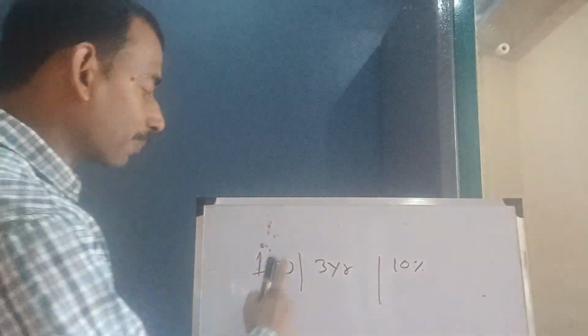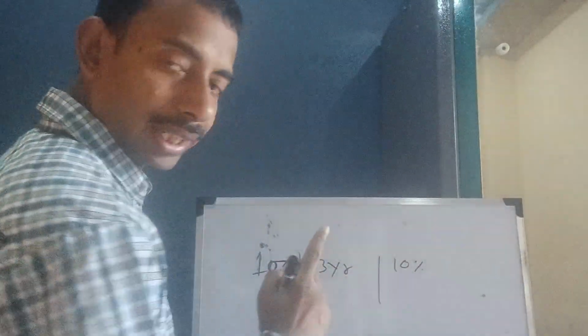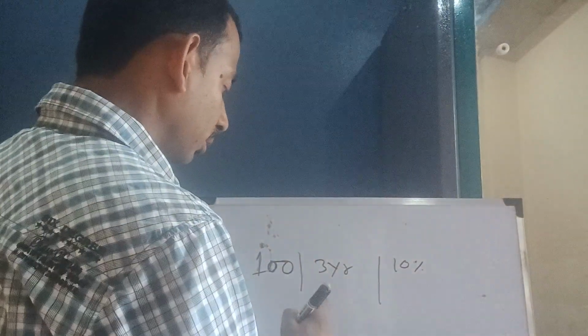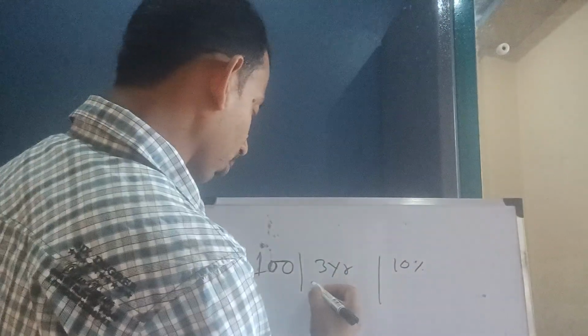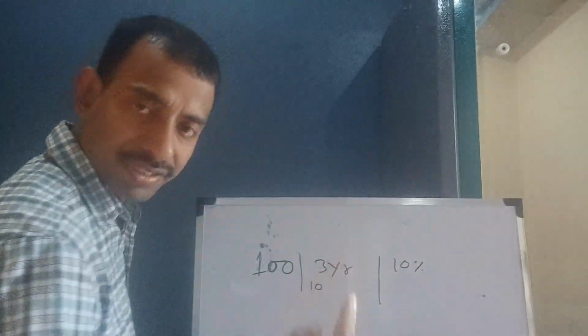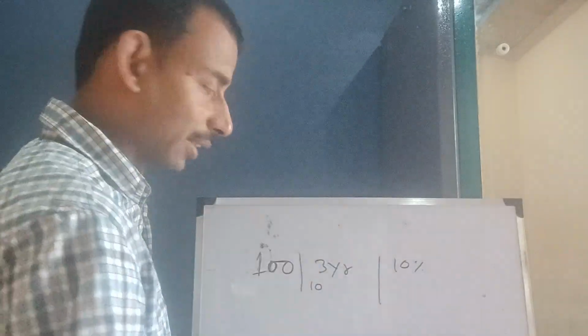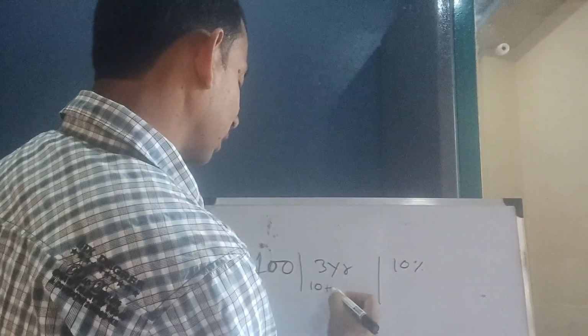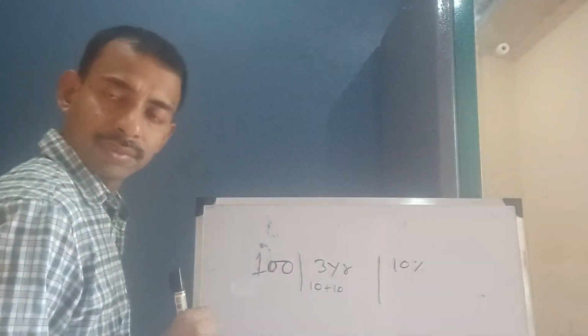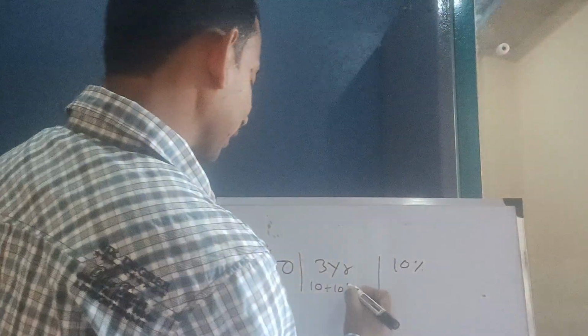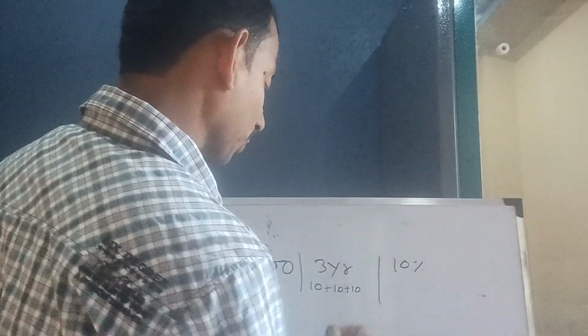So after 1 year, you would get interest of how much? 10% of 100, that is 10 rupees. After another year, you would get interest again 10 rupees. And after another year, you would get interest 10 rupees.